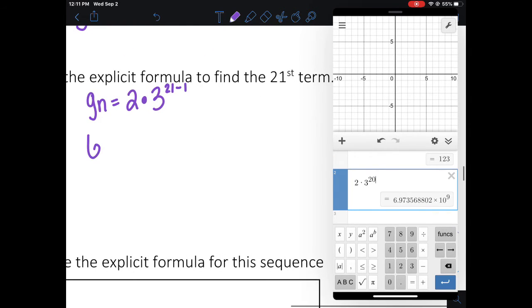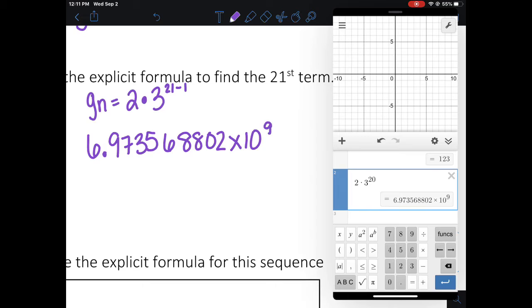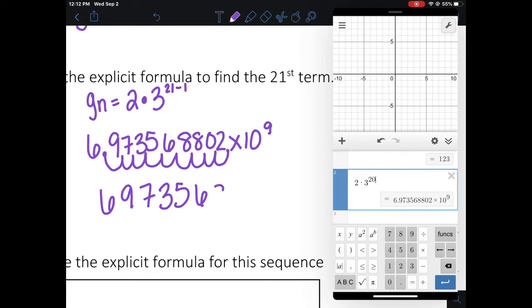So we have 6.973568802 times 10 to the 9th power. So I need to move that decimal over 9 spots. 1, 2, 3, 4, 5, 6, 7, 8, 9. So we have 6, 9, 7, 3, 5, 6, 8, 802. I can't even read that number.